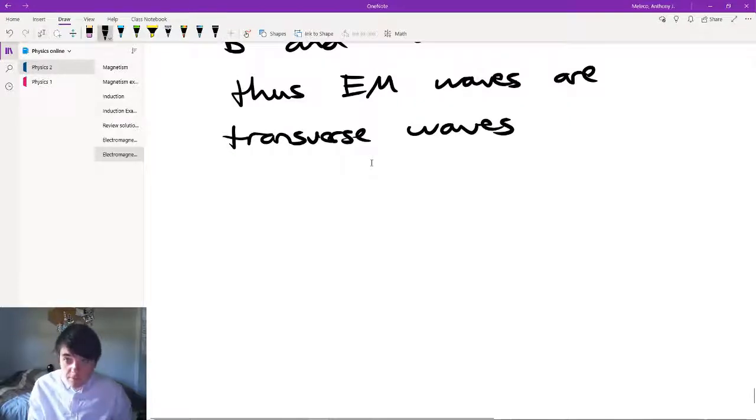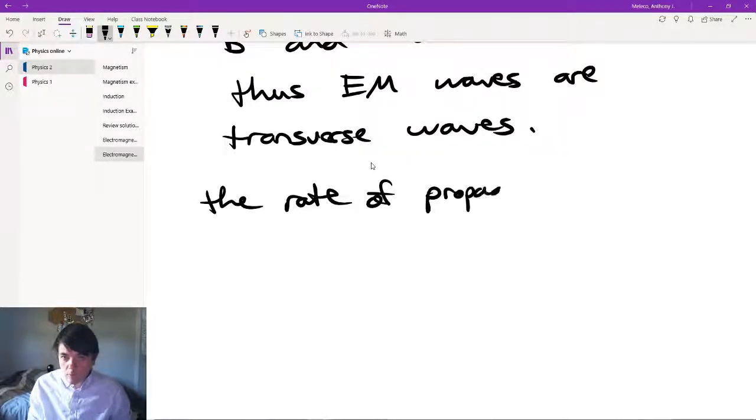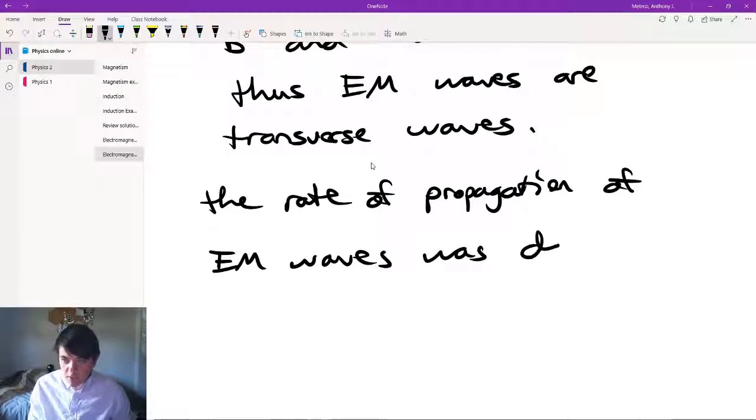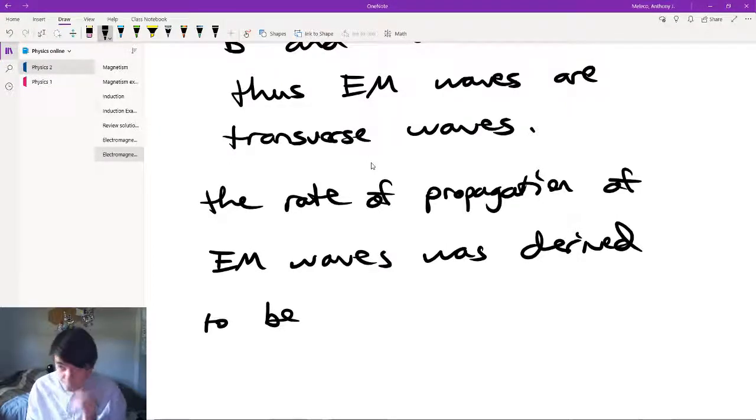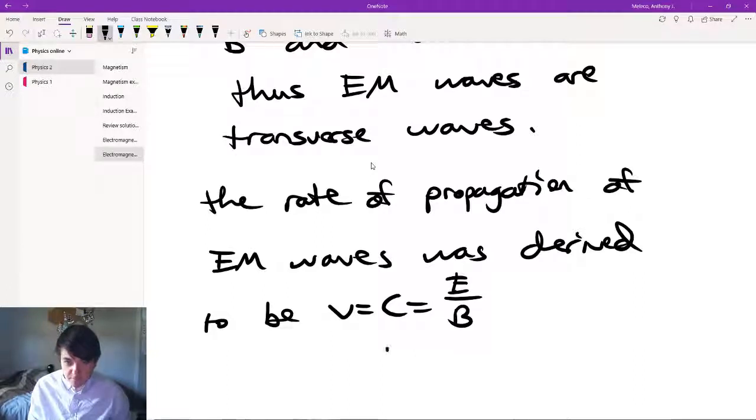Now, as I mentioned before, the rate of propagation of EM waves was derived to be, so how fast they move. V equals the speed of light equals the magnitude of the electric field over the magnitude of the B field.